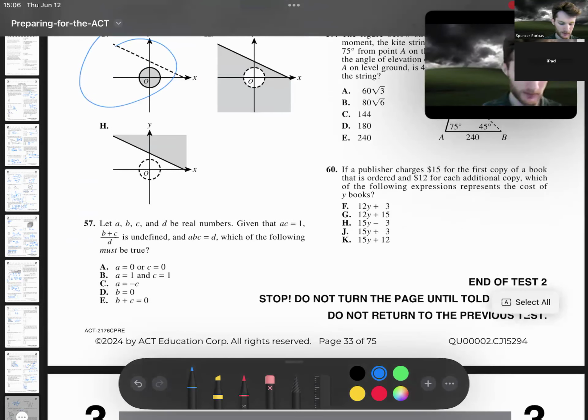Real numbers given that AC equals 1, BC is undefined, D equals 0. That means 0, AC equals 1, so B also equals 0.